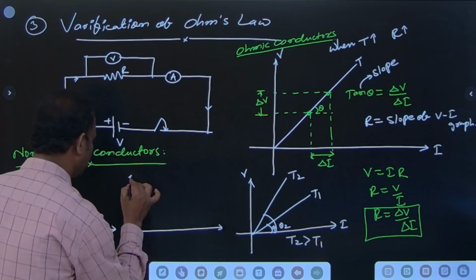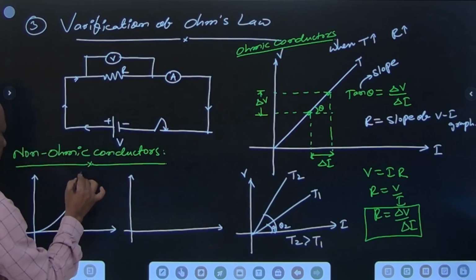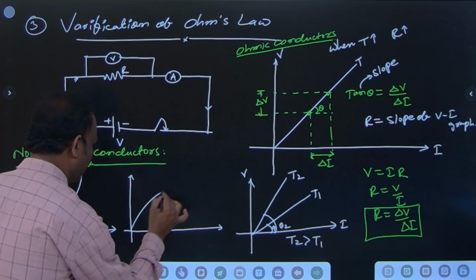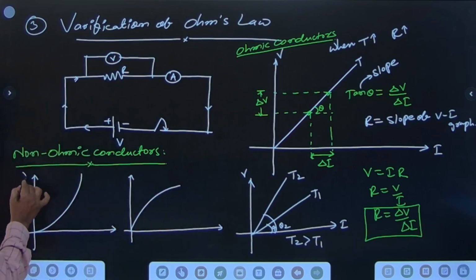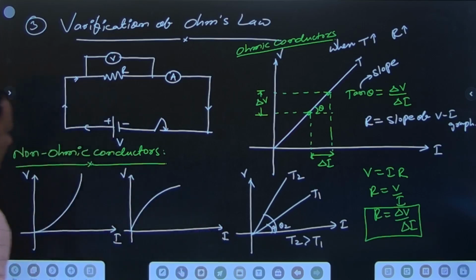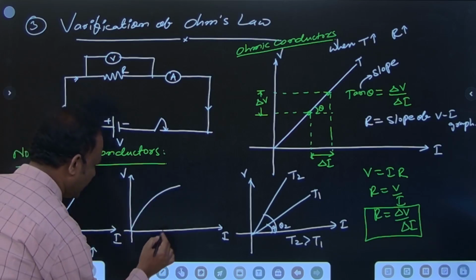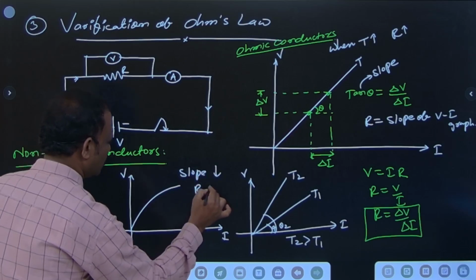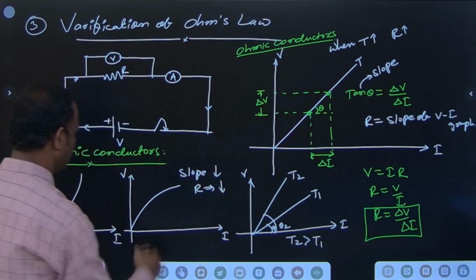One is increasing slope, the next is decreasing slope. This is V versus I. When the slope increases, resistance also increases. When the slope decreases, resistance decreases.